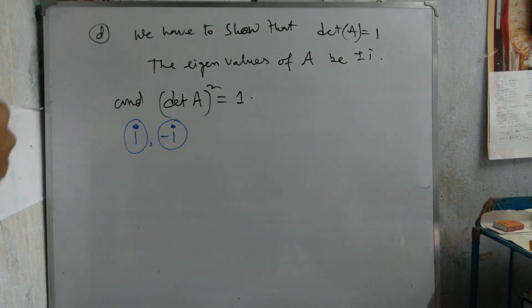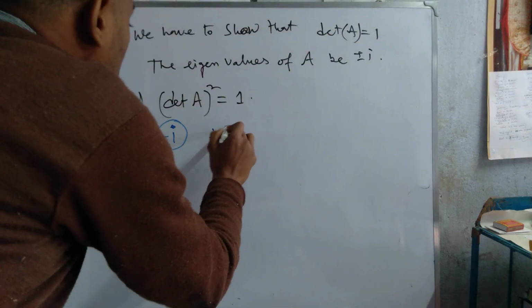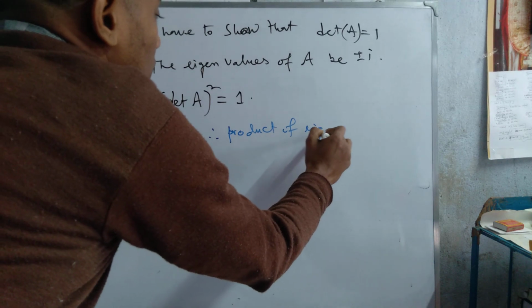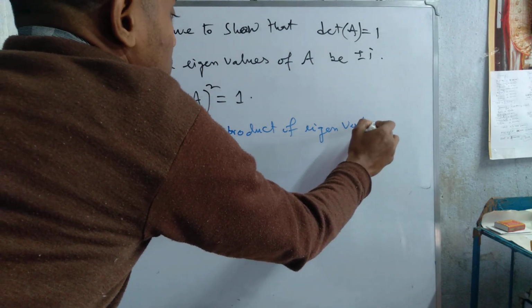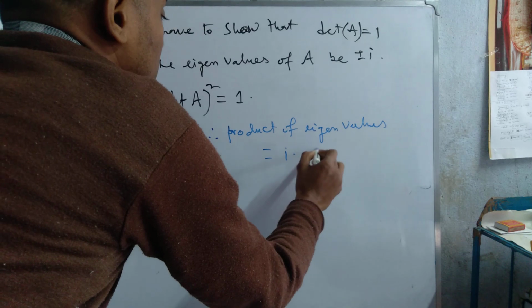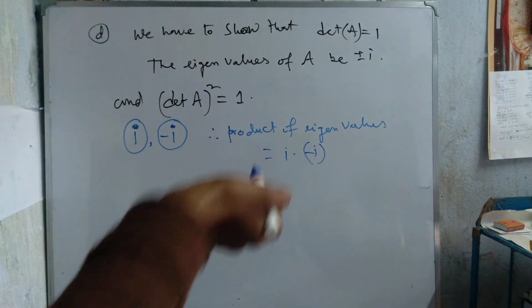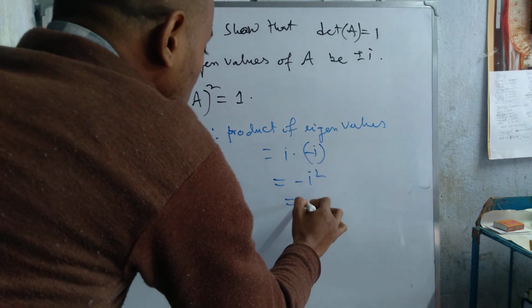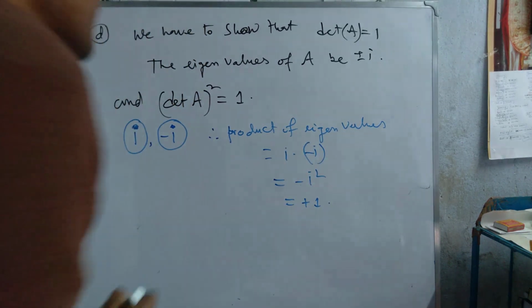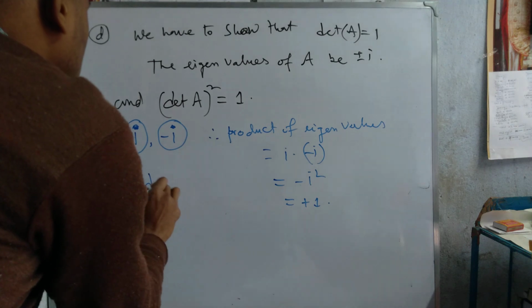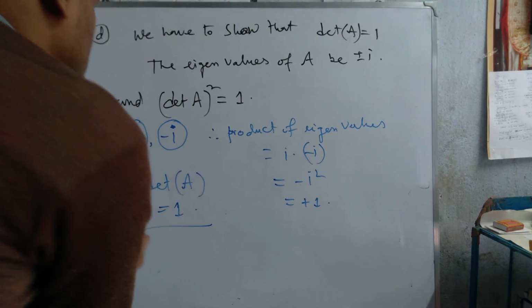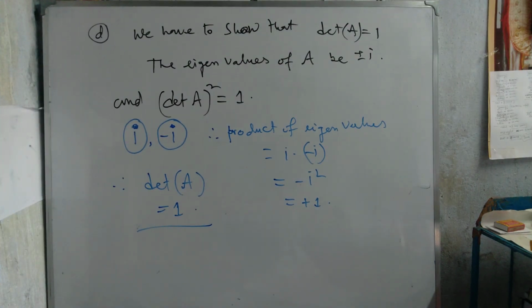So the product of eigenvalues must be i multiplied by minus i, repeated p times, and minus i square equal to plus 1. We know that det A equals the product of these eigenvalues, equal to plus 1. Understand or not? I think all understand this problem.